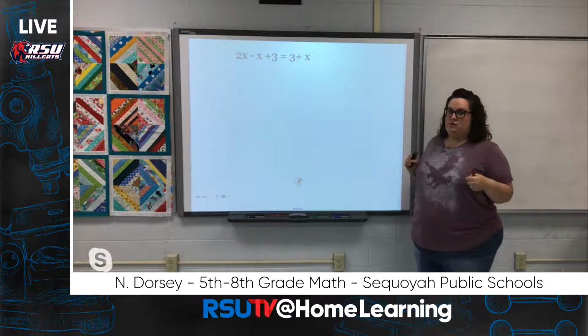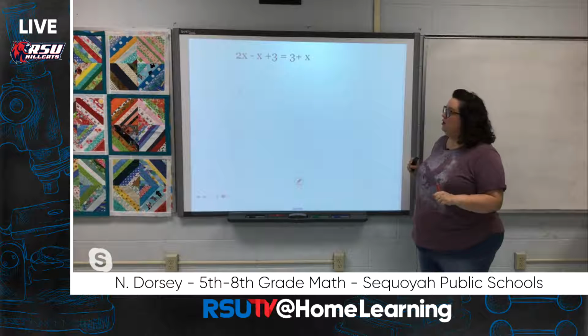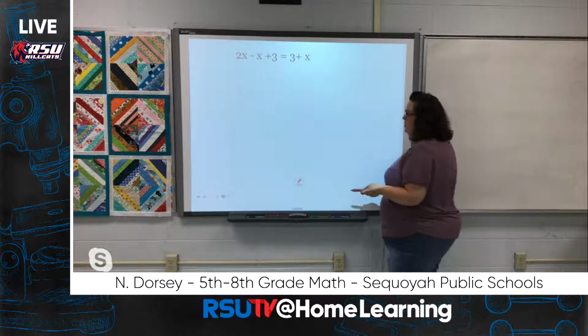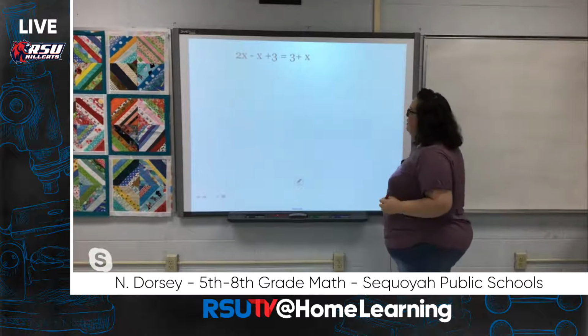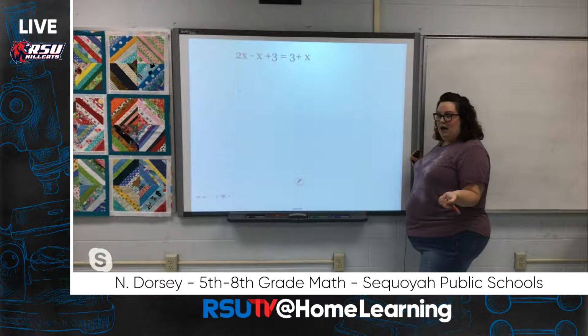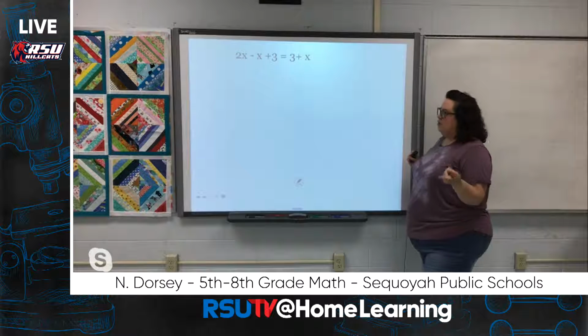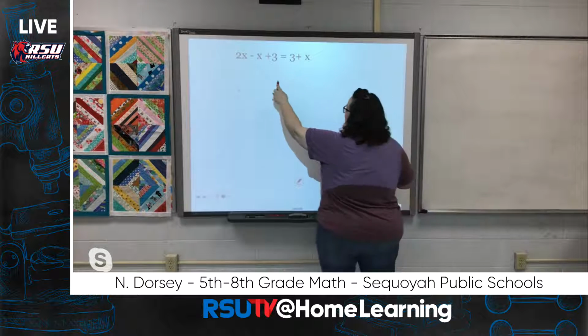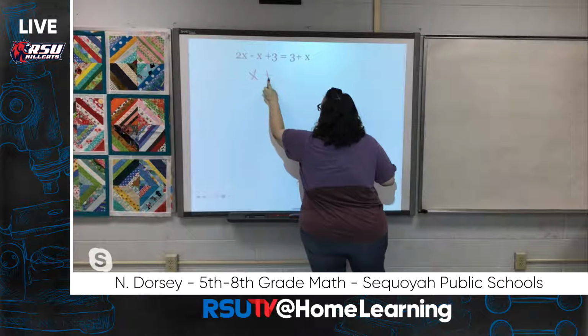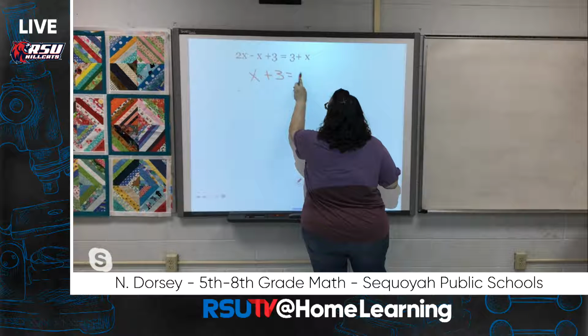Yes. Those of you that said, Mrs. Dorsey, we've got like terms, you'd be correct, because look at this. I have 2x minus x on the left side of the equal sign, and I go ahead and put those together. 2x minus x just gives me x. So now I'm going to rewrite the entire problem.